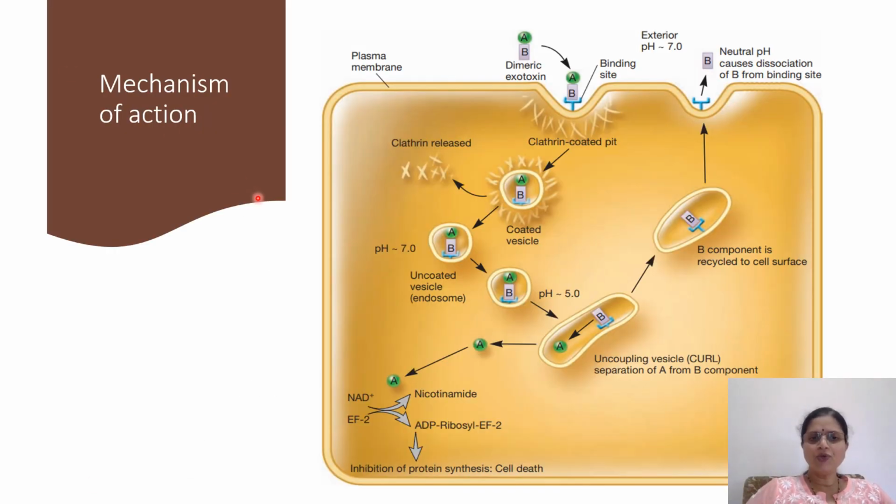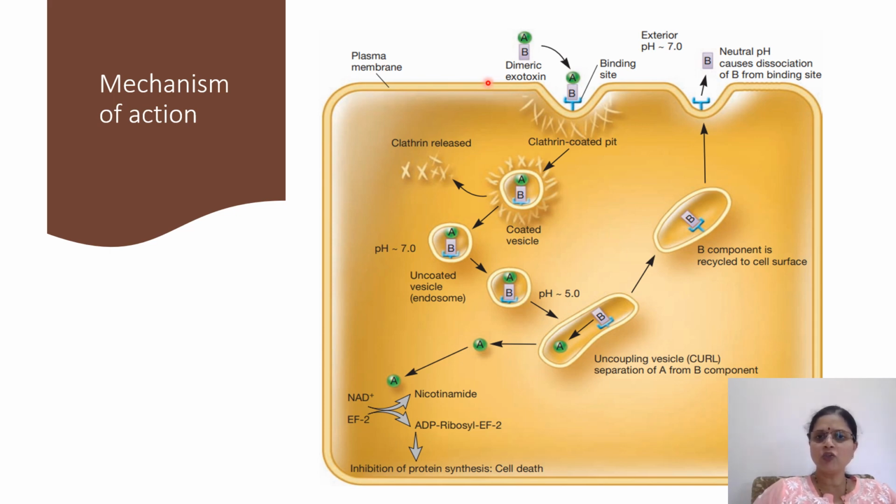This is a slide showing you the mechanism of action of diphtheria toxin. Diphtheria toxin again is an exotoxin released by the gram-positive bacterium Corynebacterium diphtheriae. So how this toxin acts on the host cell has been depicted in this picture. You see this host cell, that is the human body cell, the plasma membrane. Diphtheria toxin, which is a dimeric exotoxin, will be released by the bacterium.